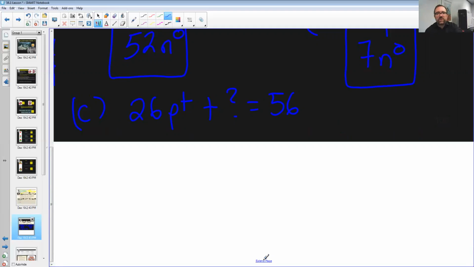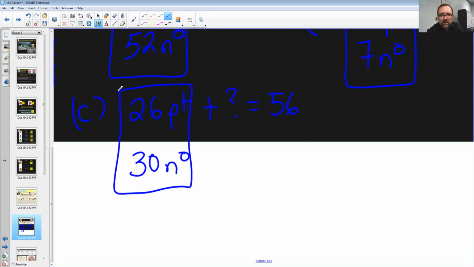Well, 56 minus 26 is 30. 30 neutrons. And then the last one, hydrogen 1: one proton plus question mark should give us 1 again. So in that case, what do you have? 0 neutrons.